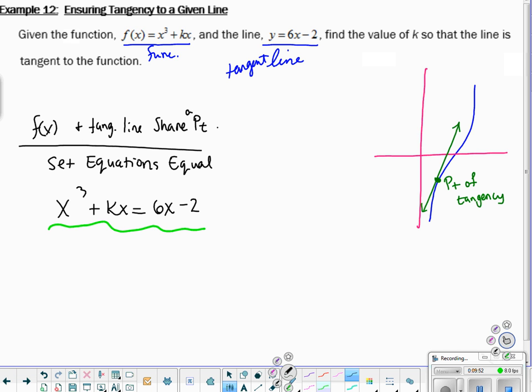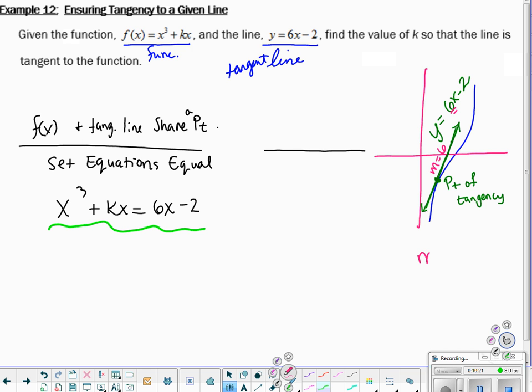Now, I have two unknowns, so I need two equations. Let's create another equation. What else do I know about this situation? Well, I know this green is a tangent line. And the equation was y equals 6x minus 2. I'd draw this picture in your notes, you guys. Okay, from that, I can glean the information that this slope is 6.